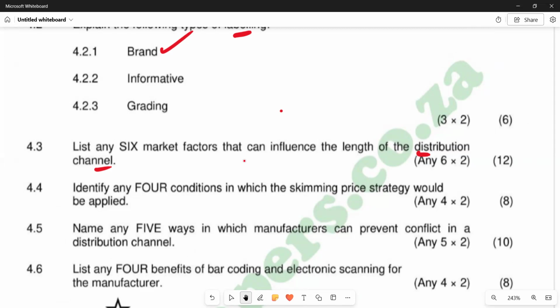So basically, the network that the business passes through in terms of its goods or service until it reaches the final buyer represents the distribution channel. So basically, this distribution channel facilitates the journey of a product from the manufacturer. So in terms of our question now, it means six market factors that can influence the length of the distribution channel.